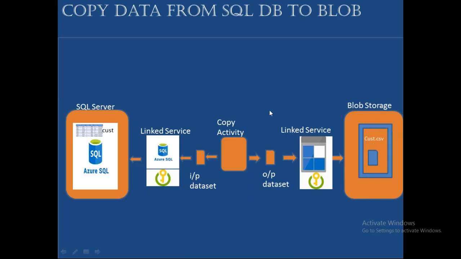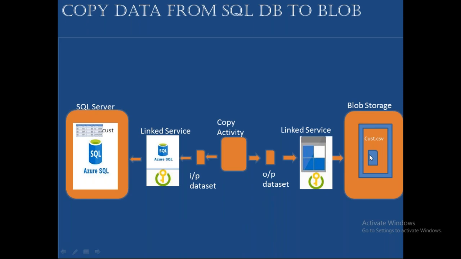We also learned that if you have table data, you can load it in different file formats: CSV, Parquet, Avro, JSON, all those things. Today I'm going with CSV, but we also learned JSON as well. If possible, I will show you with JSON as well.